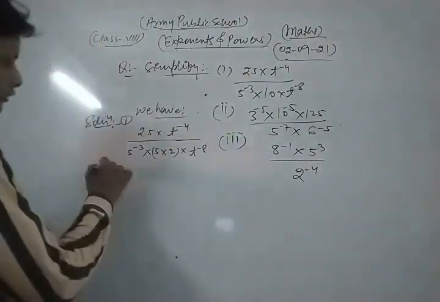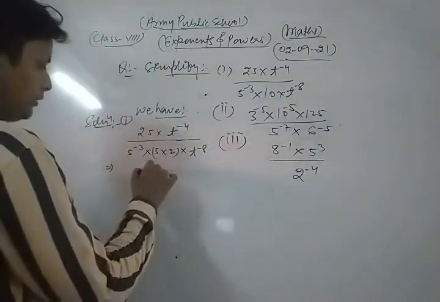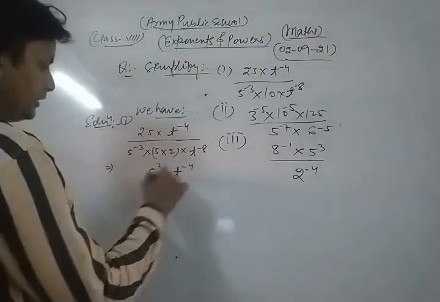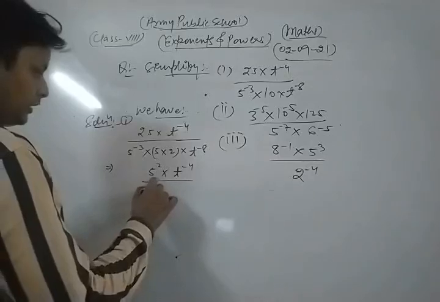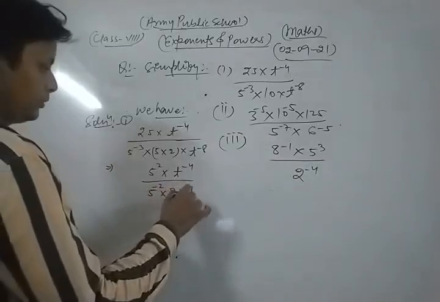Now we write 25 as 5 square and t power minus 4 as it is, and this is 5 power minus 3, 5 power 1, so 5 power minus 2 is left, into 2 into t power minus 8 is left.